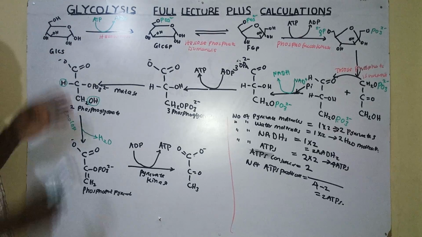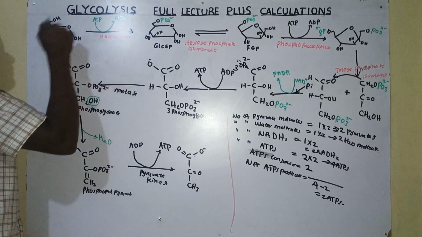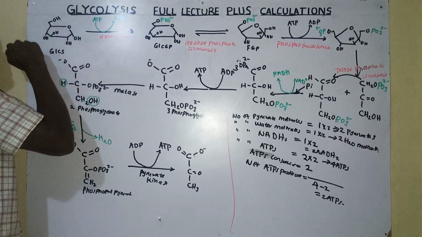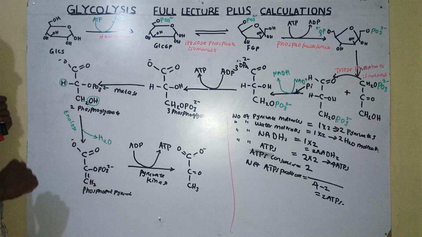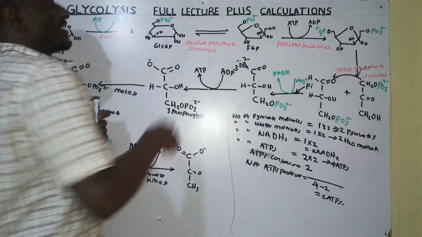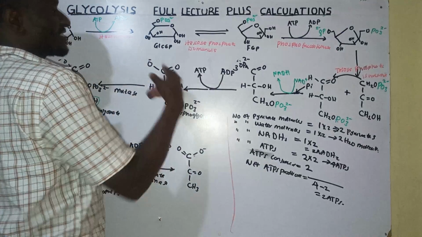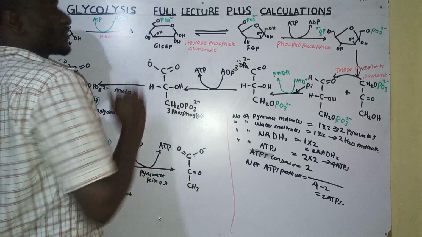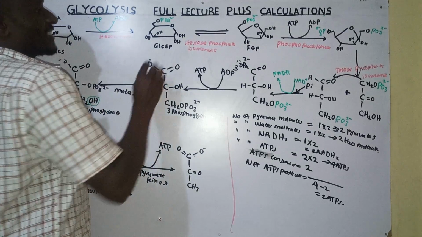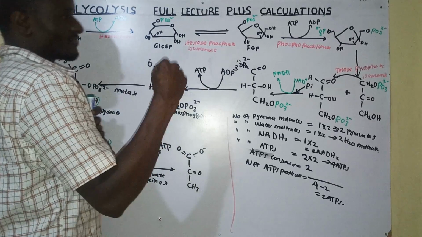So that means hexokinase transfers a phosphate group from ATP onto glucose at position number 6 to form ADP. Step number 2 is facilitated by hexose phosphate isomerase. Hexose phosphate isomerase comes from the fact that it is working on a hexose sugar, which is glucose, and it is working between the 2 isomers, so it is isomerase.